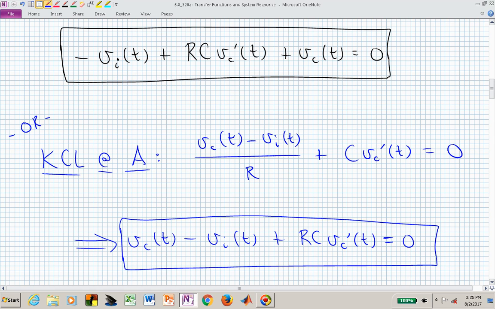Hopefully you can see that the equation in the blue box is equivalent to the equation in the black box. So whether you wrote a KCL equation or a KVL equation, it doesn't matter. It should result in the same governing differential relationship. And it's a first order differential equation because we had one energy storage device.